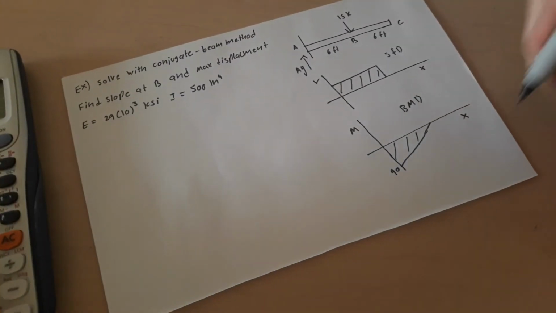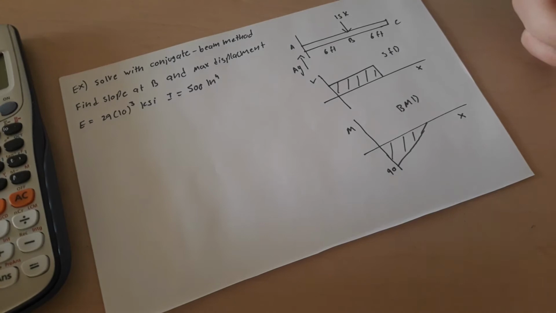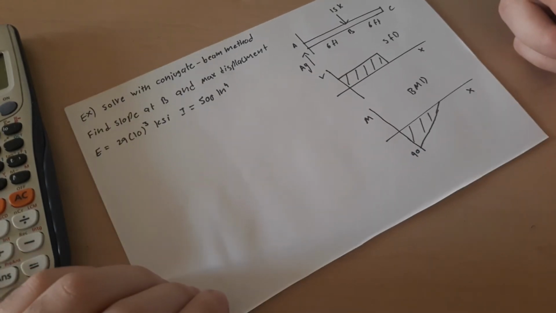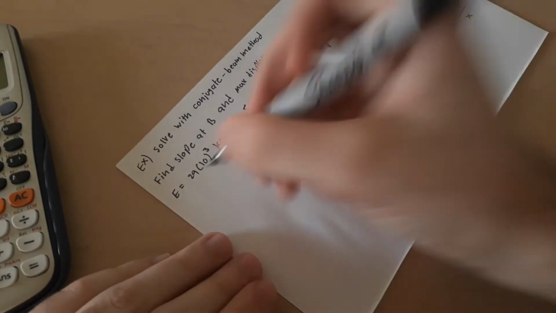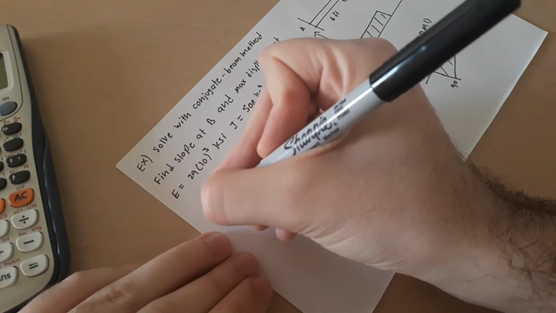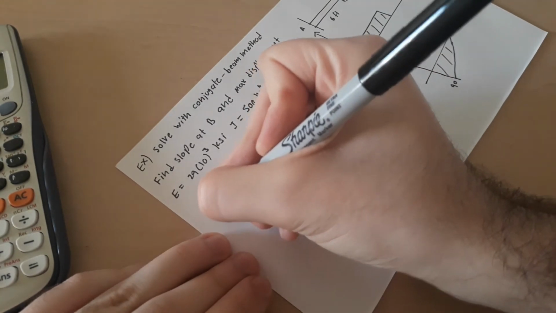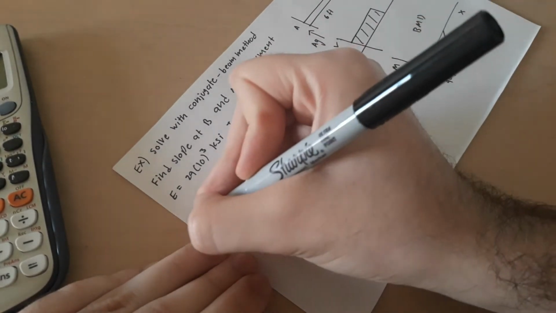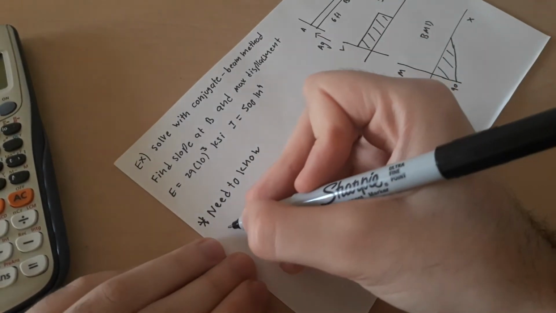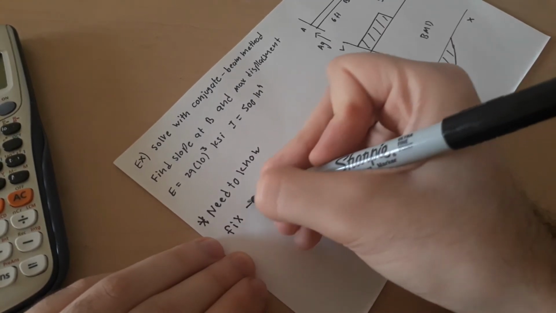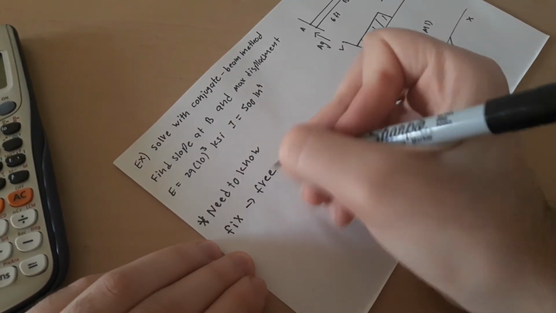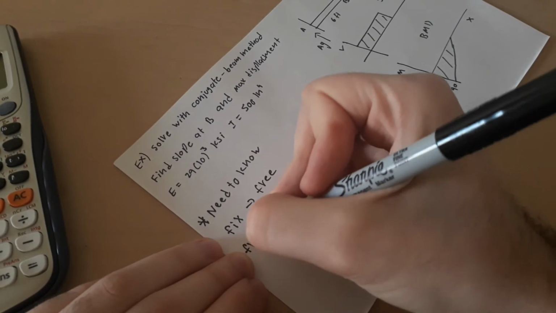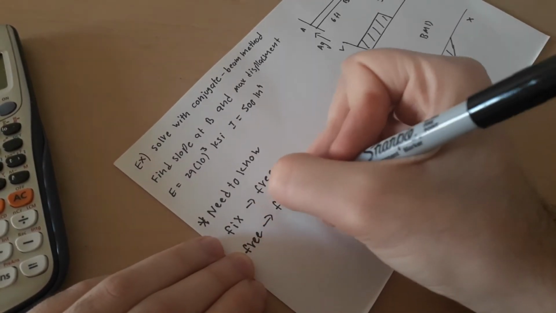Now, we need to convert this to the conjugate beam. In conjugate beam method, I'll tell you something you need to know. Fixed becomes free. Free becomes fixed.